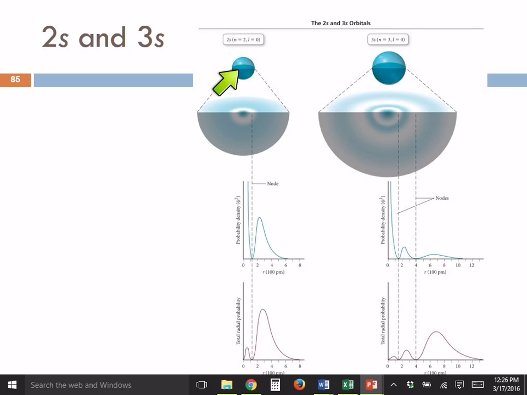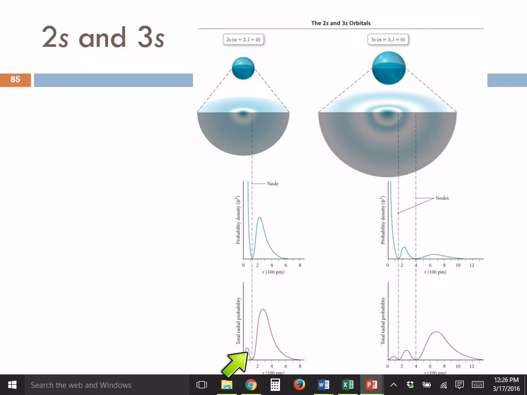So this is a quarter section of the spherical orbital, and we see that it has nodes in it. If we look at the probability density, it's better to look at the radial probability.